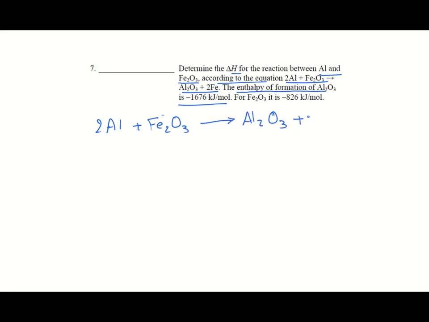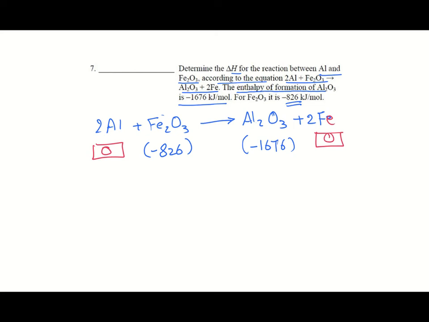I just copied the equation. Enthalpy of formation of Al2O3 is minus 1676 kilojoule per mole, and the enthalpy of formation of Fe2O3 is minus 826 kilojoule per mole. Remember that enthalpy of formation of all elements equals 0.